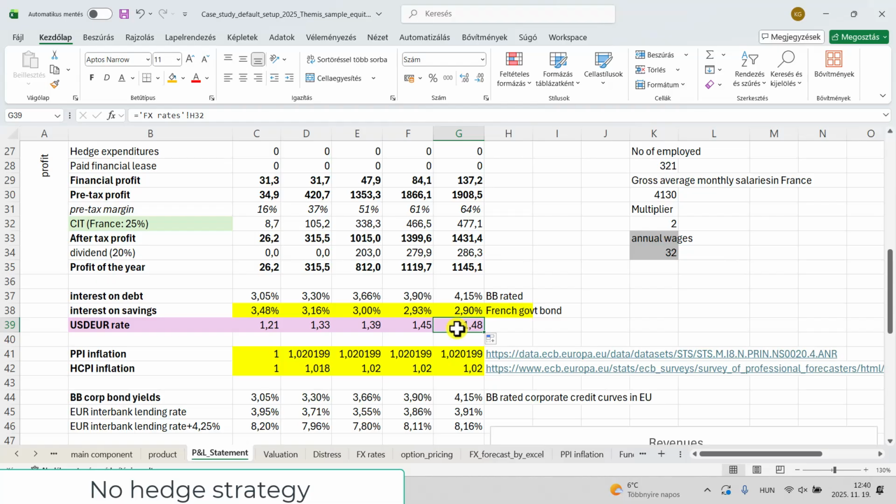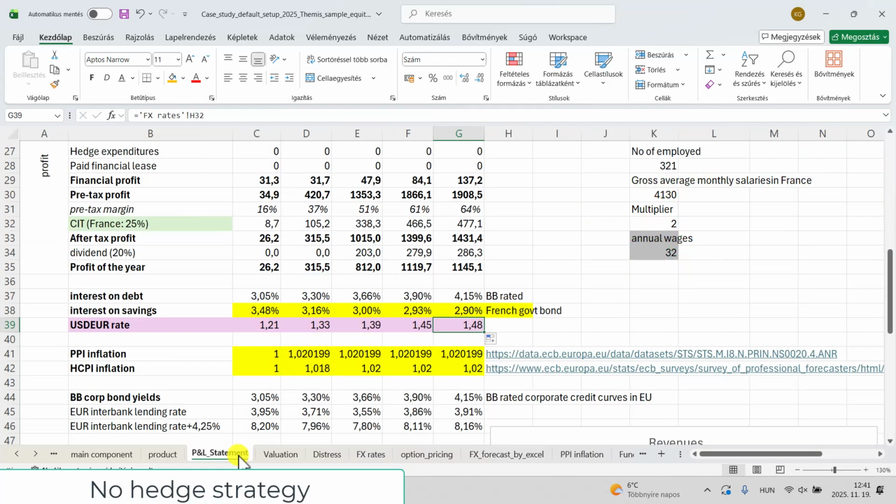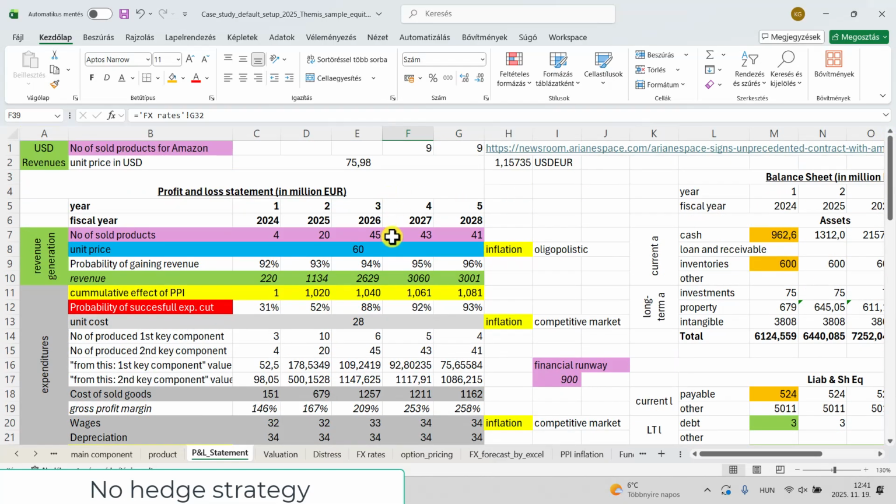So this one is increasing. We just have to check that if we are doing this, then what happens with the revenue?